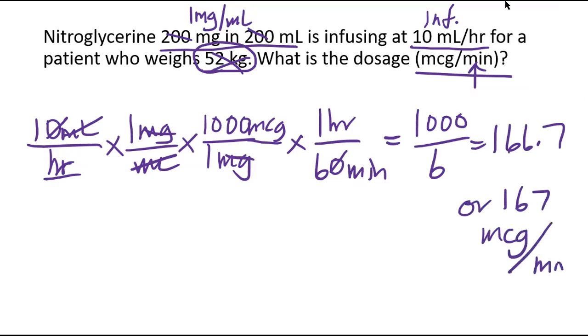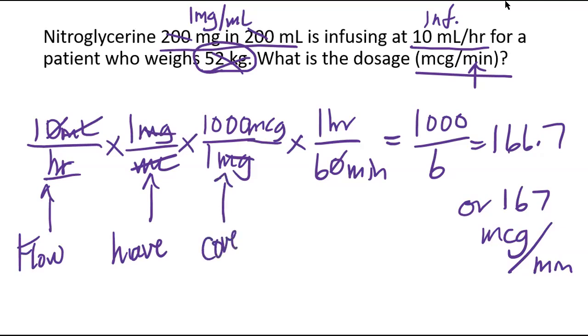Micrograms per minute. So this is what we did. We took our flow rate. Okay, that's the flow rate, and this is what we have. We took what we have in the bag. The nitroglycerin, 200 milligrams and 200 mils is 1 milligram per mil. We converted milligrams to micrograms.